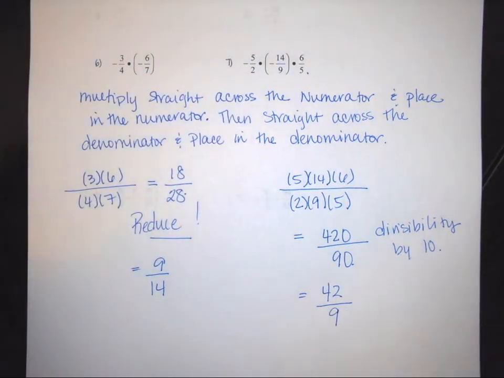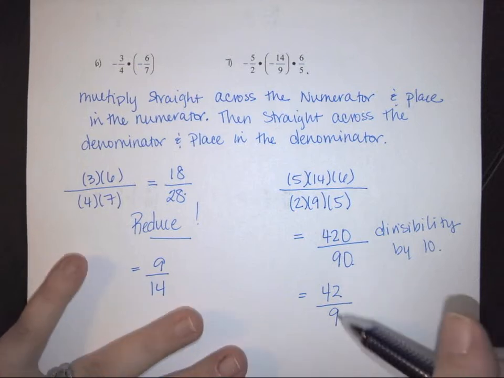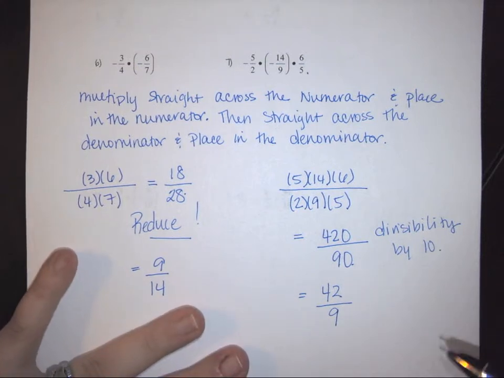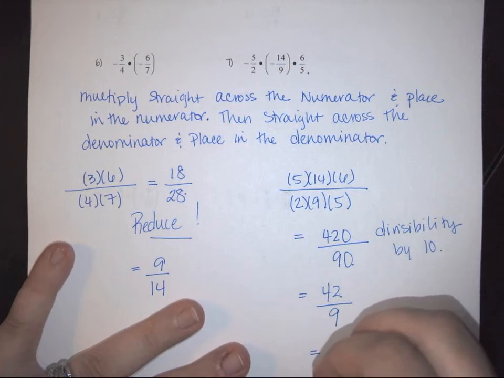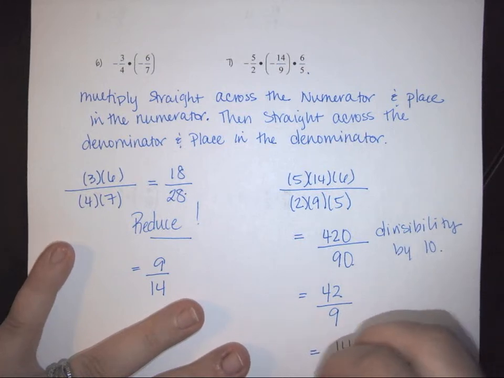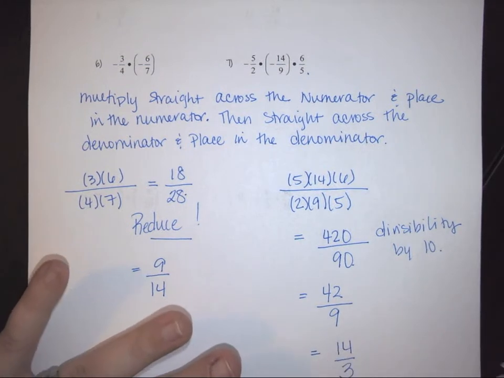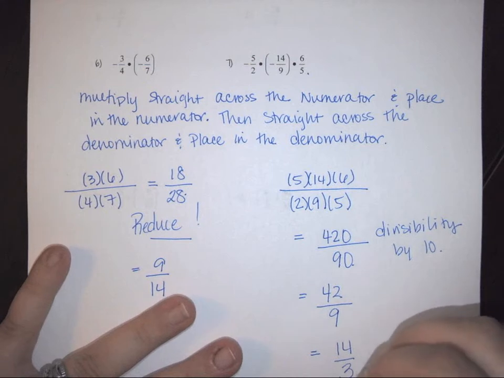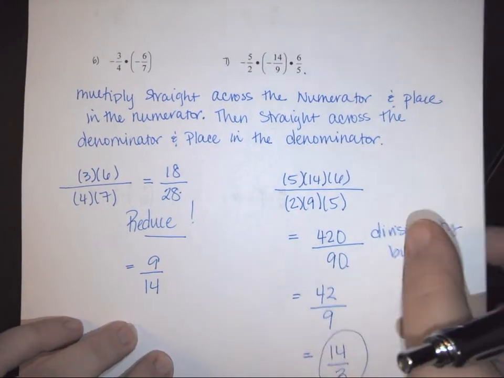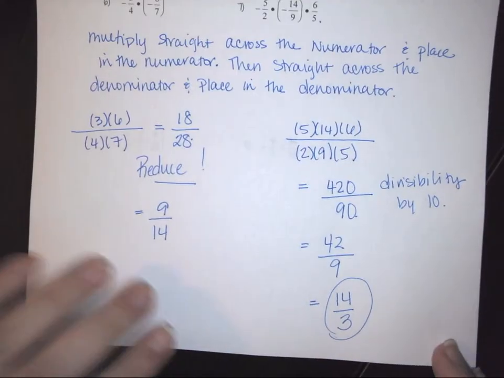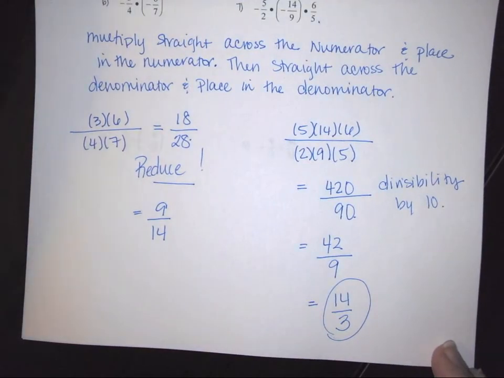And if you look at 42 and 9, they can be reduced down even further because 42 and 9 have 3 in common. So if I divide a 3 out of top and bottom, I'm left with 14 over 3. And thus, this is my lowest, most reduced term. And so that would be the answer that we were looking for.